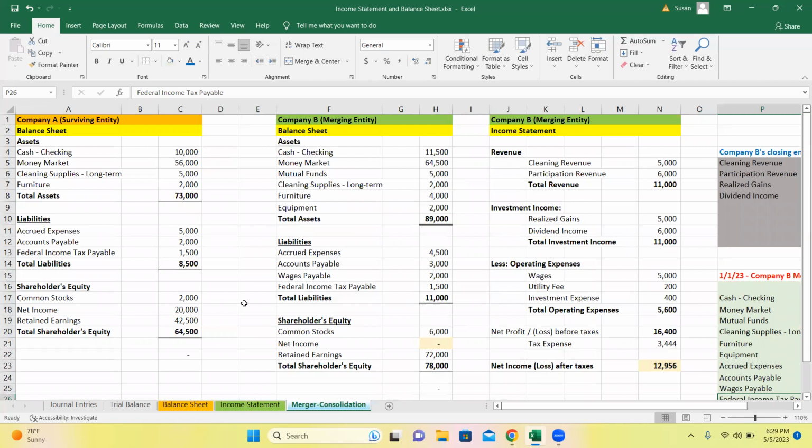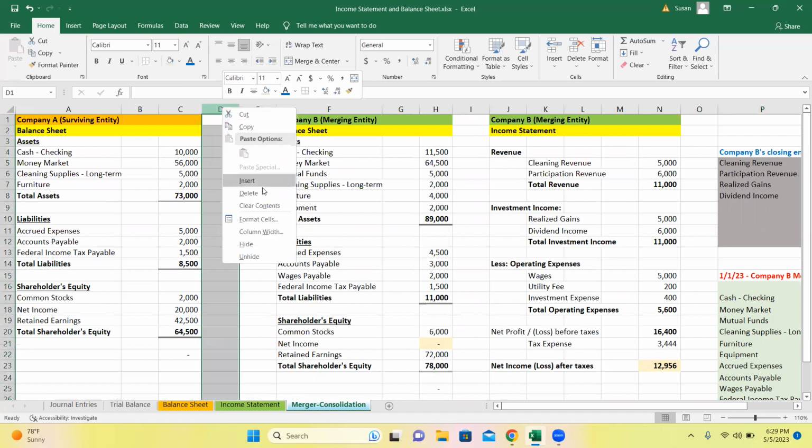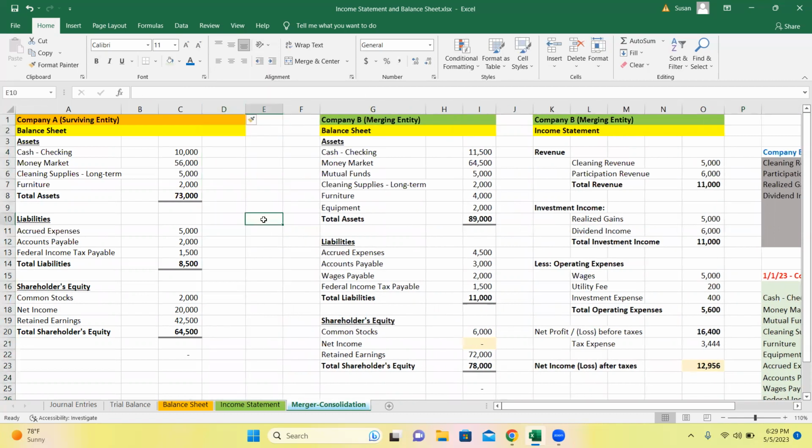Obviously, if you were doing this in accounting software, it would be a lot quicker. But for educational purposes, I'm going to show you what will be the revised, updated company A balance sheet. So we know this was December 31st, 2022 numbers.